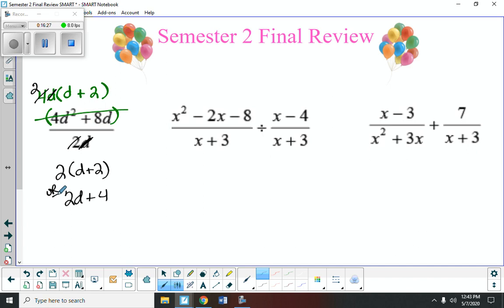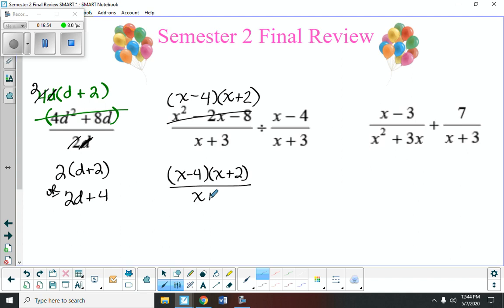All right, the next one, we have division. So I'm going to factor this first. x and x, 4 times 2 is 8, minus 4 plus 2 gives you the negative 2. So you have x minus 4 and x plus 2 over x plus 3.